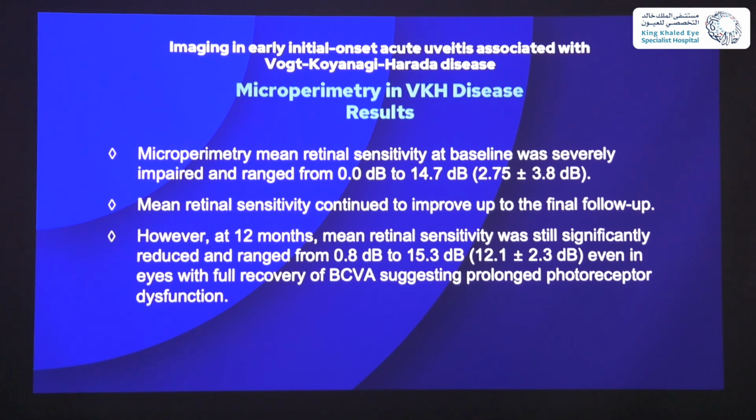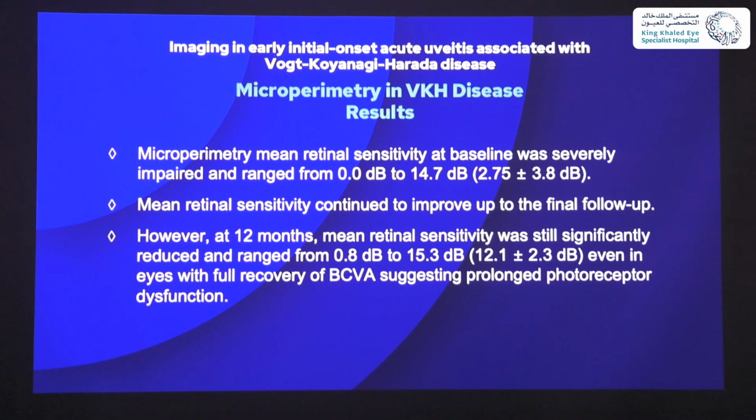So the macroperimetry mean retinal sensitivity at baseline was severely impaired and ranged from 0 decibel to 14.7 decibel, and the mean was about 3 decibels. Mean retinal sensitivity continued to improve up to the final follow-up. However, and this is very disturbing, at 12 months, the macular sensitivity was still not optimal.